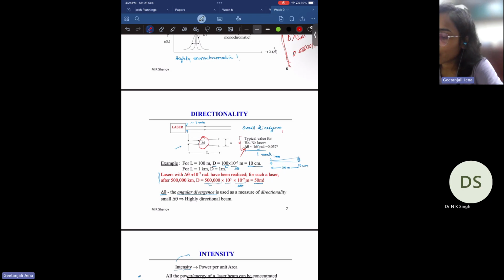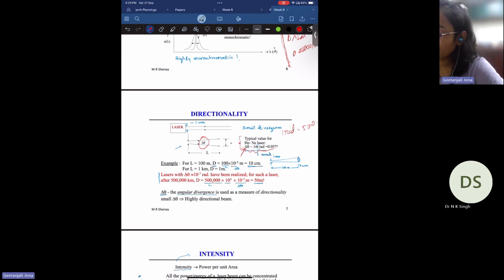If you recall, 1 radian is about 57 degrees, so the delta theta for a helium neon laser, 1 milliradian, is very, very small. That's why we say it almost travels in a straight line.